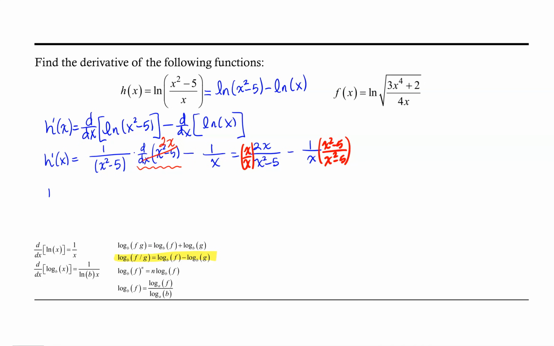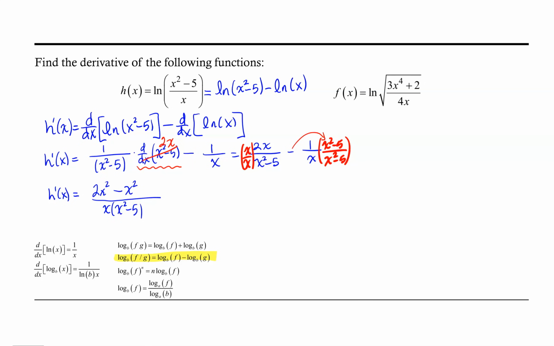And so we end up with h prime of x equal to 2x squared. Notice our common denominator is x times x squared minus 5, minus an x squared.